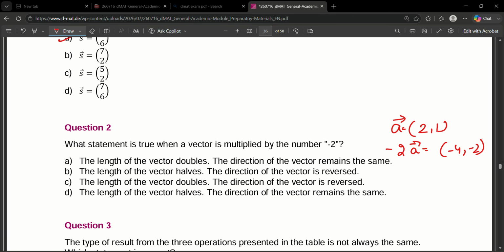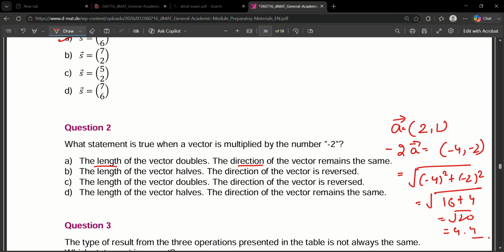Also try to find the magnitude. They are talking about the length and the direction, so you have to find the magnitude as well. The magnitude of this would be minus 4 square plus minus 2 square, that is 16 plus 4, that is root 20, that is 4.4 something.